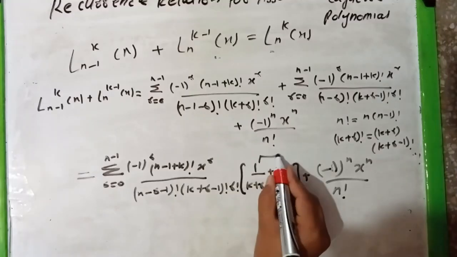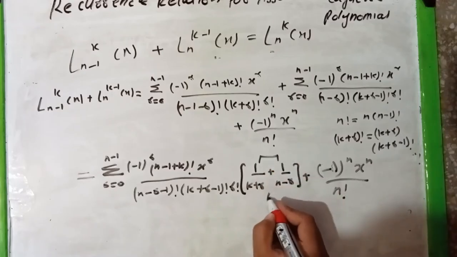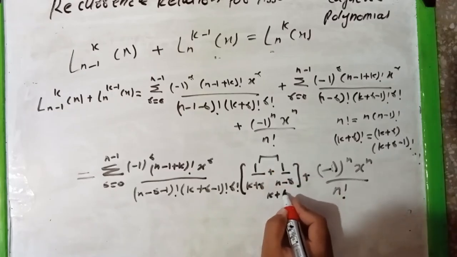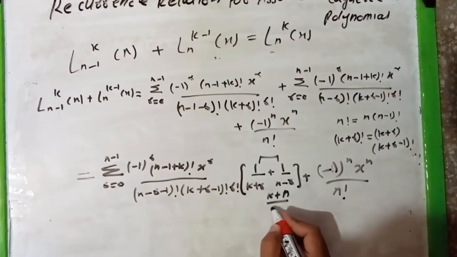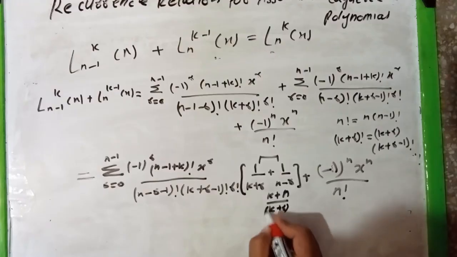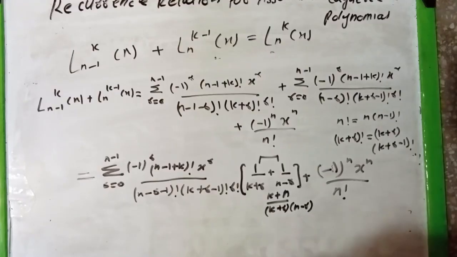Now we'll solve this term, which is equal to k plus n over k plus r times n minus r.